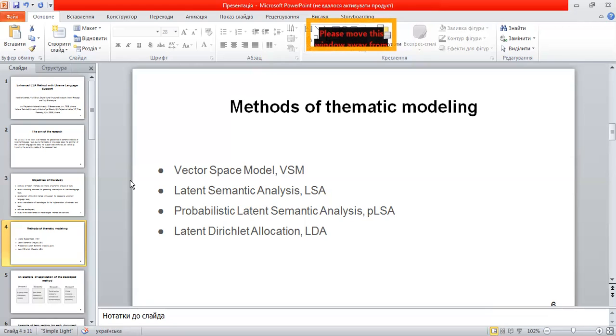It is also necessary to pass two limiting parameters. The first parameter is the maximum number of topics that need to be output, because the model will not be able to determine whether it is accurate enough to distribute the corpus into a certain number of topics. The user must set the upper limit.